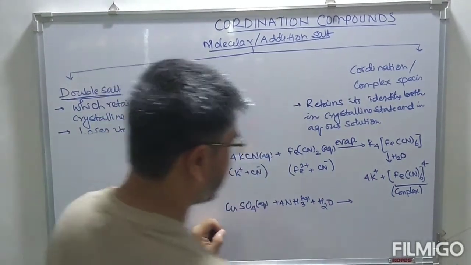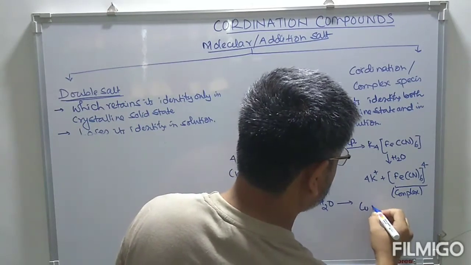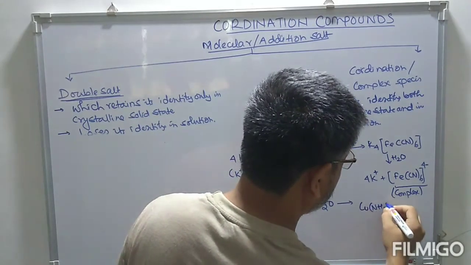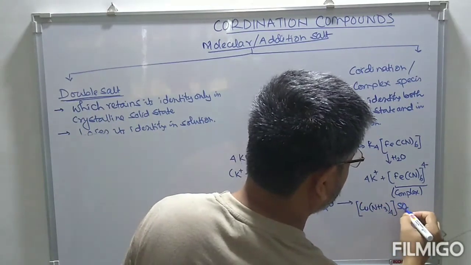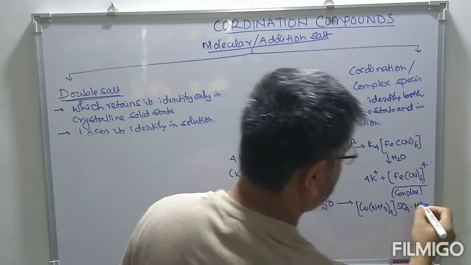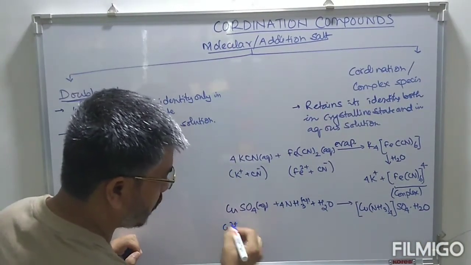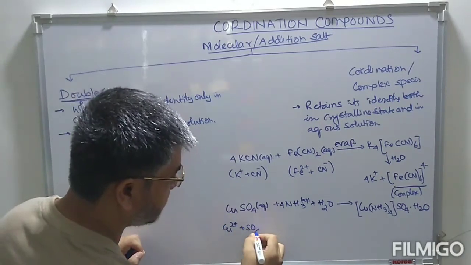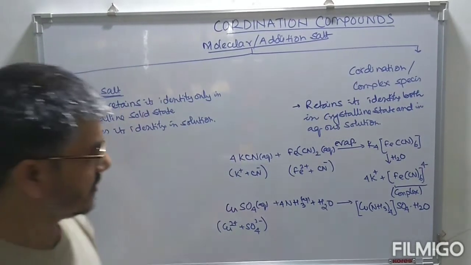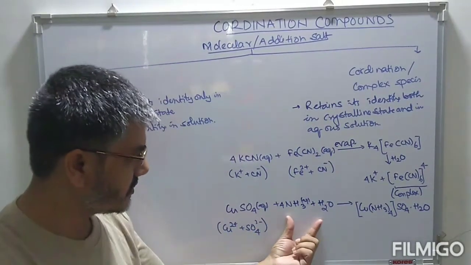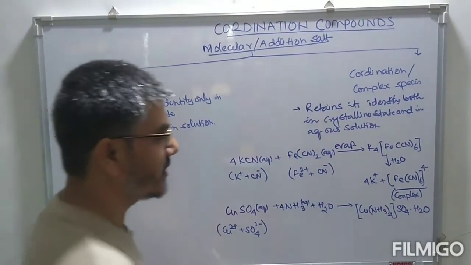Now when this is allowed to evaporate, we get this. Now this aqueous solution contains copper ion and sulfate. So this will give you the test of copper and sulfate. So the aqueous solution gives you the test of copper ion and sulfate ion.